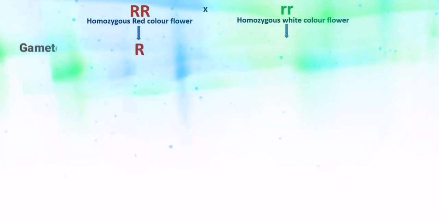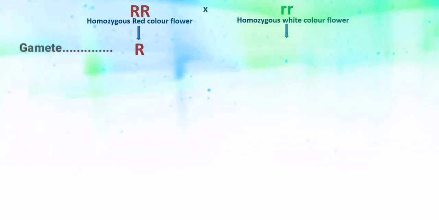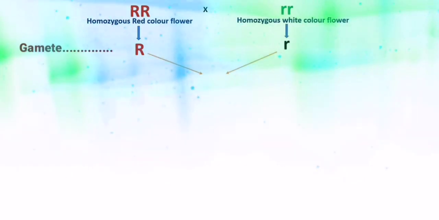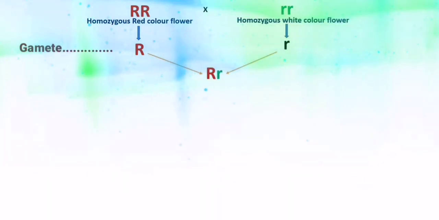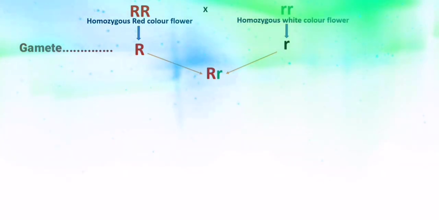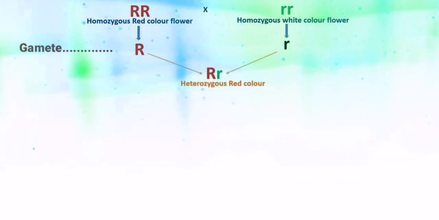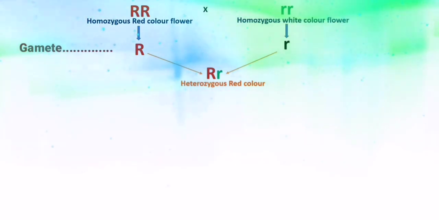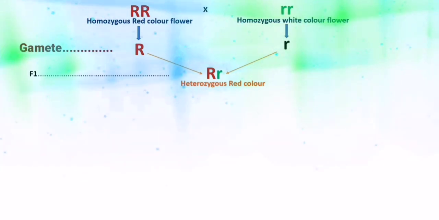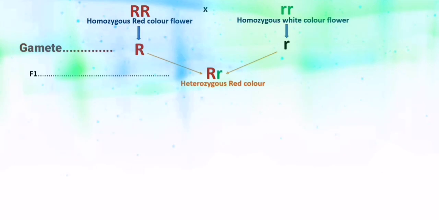So during gamete formation, we get here capital R and here small r. In crossing, we get here capital R, small r. This is heterozygous red color. The plant will produce heterozygous red color flowers in the F1 generation.